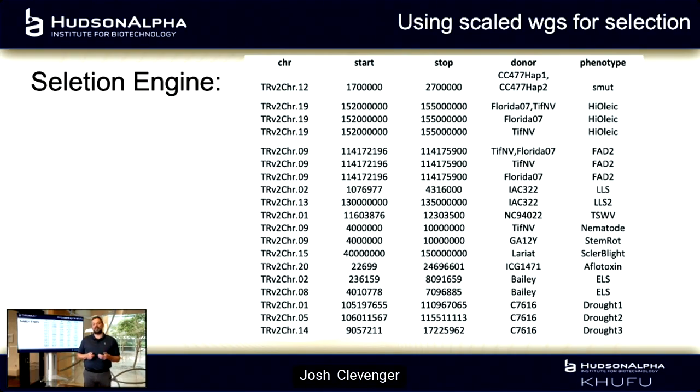We actually have QTLs that we can select for drought tolerance that have been validated across different populations. And we can very clearly and cleanly infer the contributions of the different parents in those progenies and say, this individual has a contribution at this site from this parent, and understand what phenotypes those progeny are going to have.